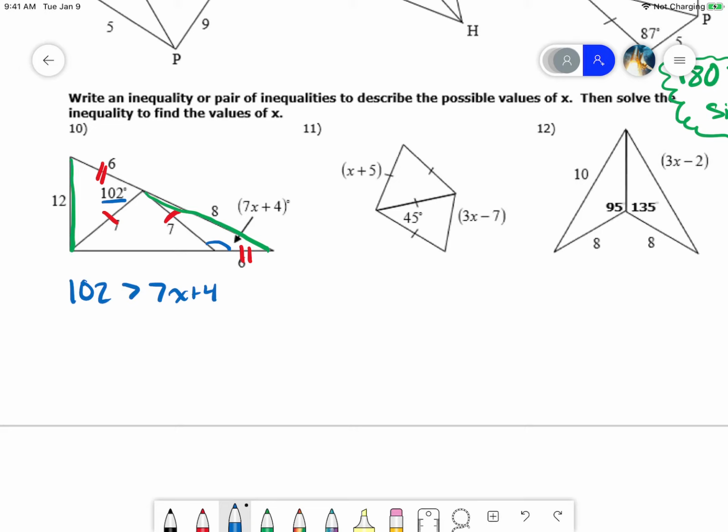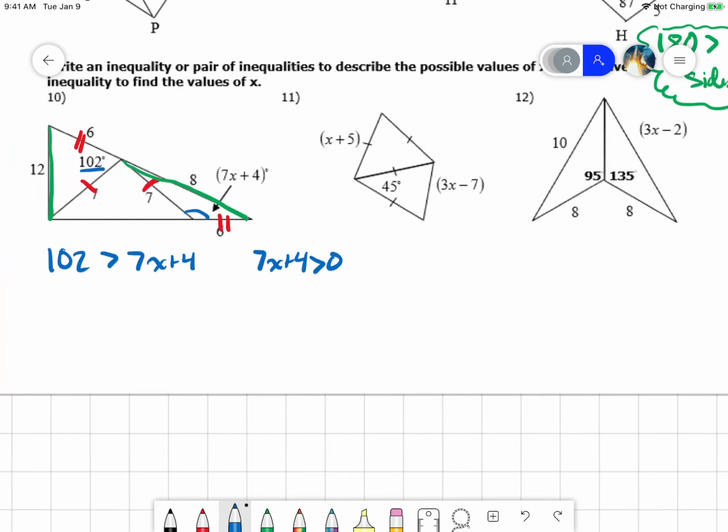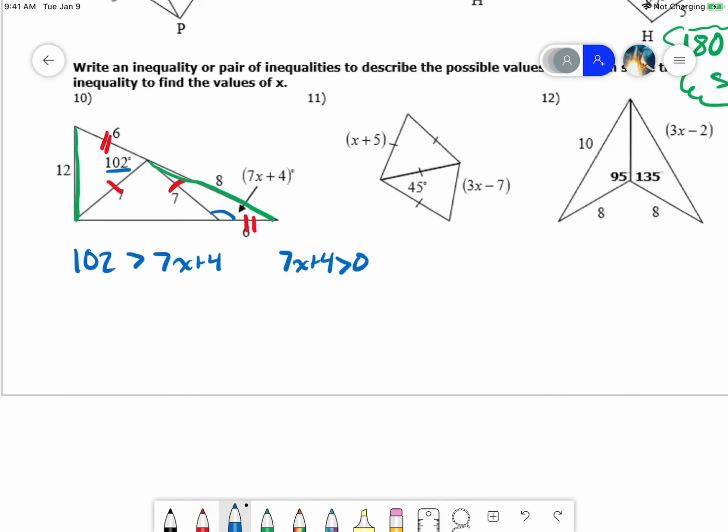We're also going to set up, since x is going to be my smallest angle, that 7x plus 4 has got to be greater than 0, applying the idea that angles are between 180 and 0. I could have written this as a compound inequality, but it's easier for the setup to solve it as two. So I'm going to solve both inequalities and get a range of values for x.